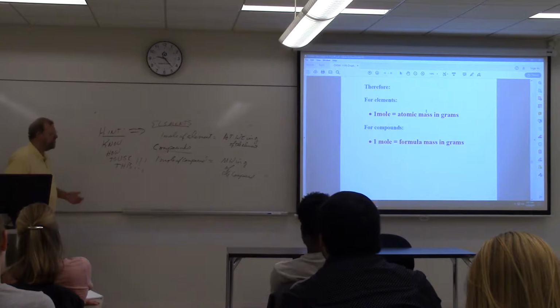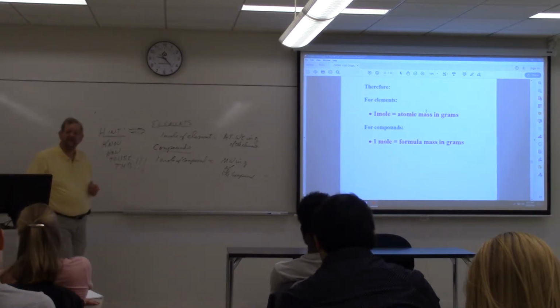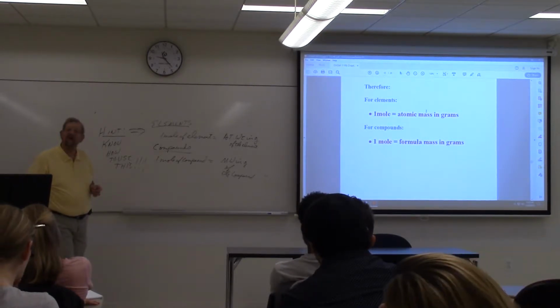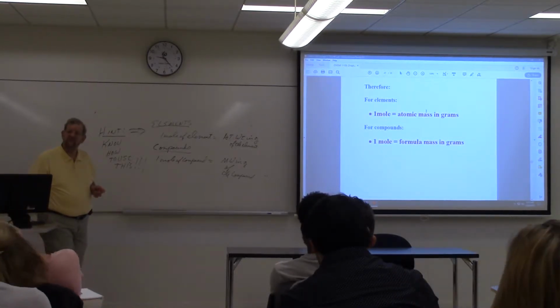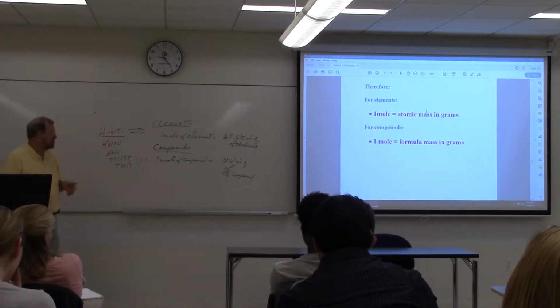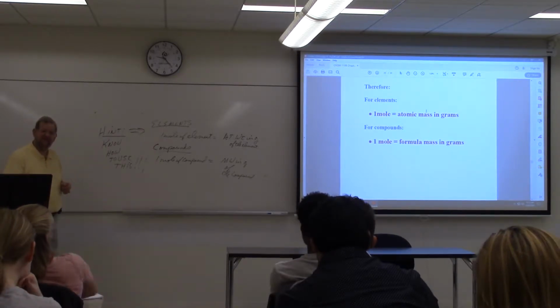Again, I know nothing more powerful. 1 mole of an element equals its atomic weight in grams. 1 mole of a compound equals its molecular weight, which you just learned how to do, in grams. And therefore, I have a very important relationship.